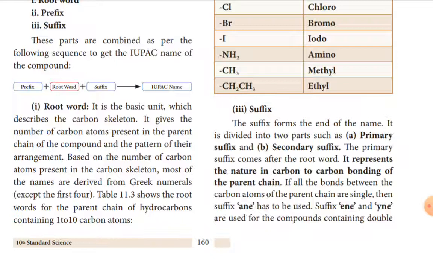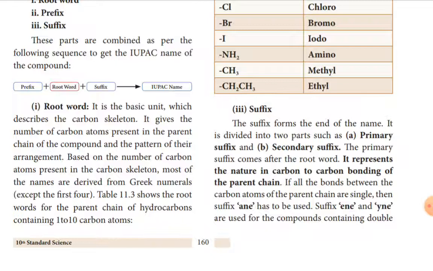Then suppose a triple bond exists between carbon to carbon. It ends with yne. It is under alkyne: ethyne, butyne, propyne, like that. So first you have to understand there are two parts in the suffix, primary suffix and secondary suffix.